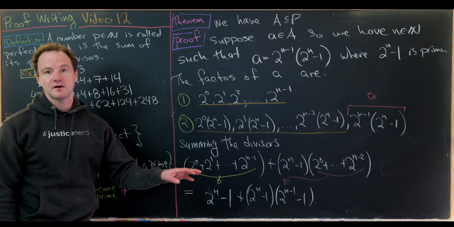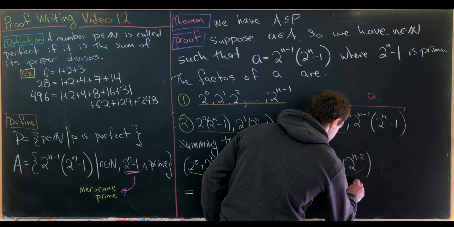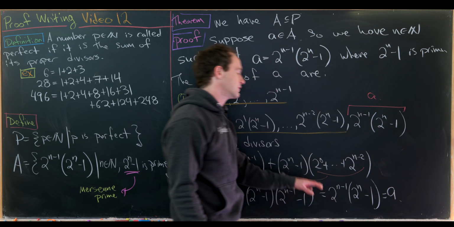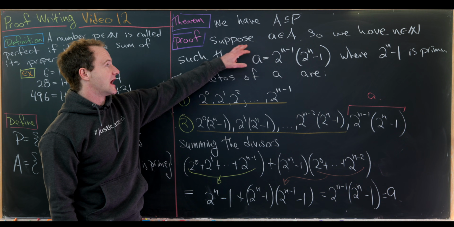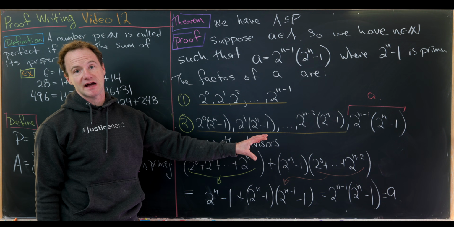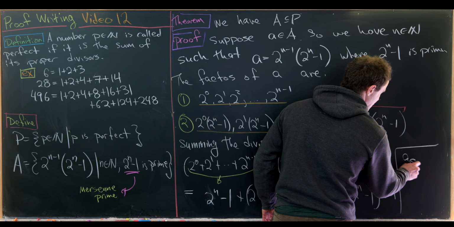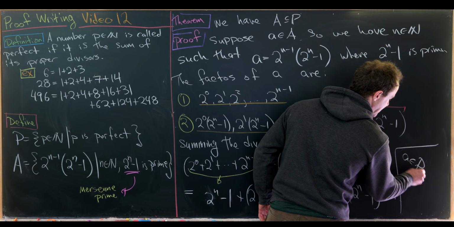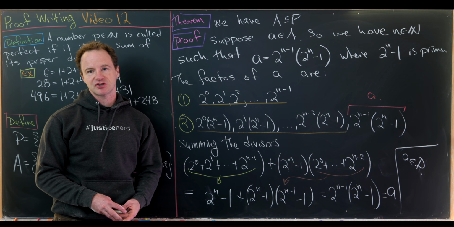But now we can add those two together and we'll see that we get 2 to the n minus 1 times (2 to the n minus 1). But that's exactly equal to our starting number A. So we started with the number A, and by showing that the sum of all its proper divisors equaled itself, that shows you that it's a perfect number, which means that A is an element of this set P. But that's exactly what we needed in order to show that subset relationship.